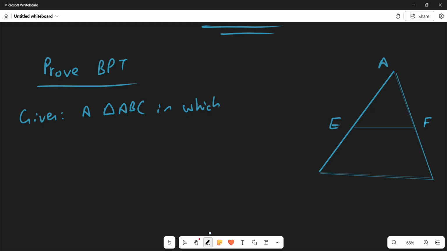So the triangle is triangle ABC and it has this side EF and EF is parallel to BC. So in which EF is parallel to base BC.